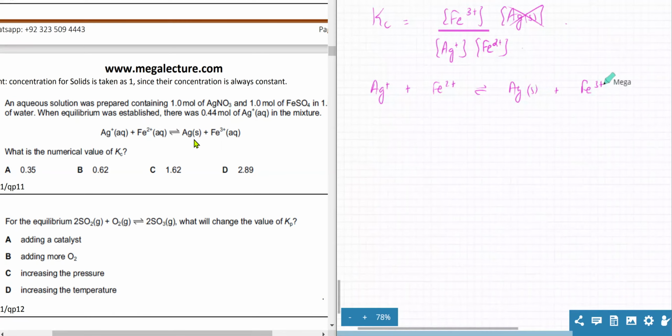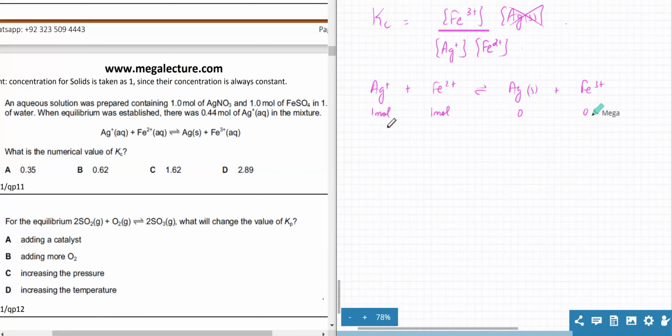Ag solid, the product, would not be written in the expression. What are your initial moles? Initial moles given are 1 mole of silver ions and 1 mole of Fe2 plus ions. And no Fe3 plus, no Ag solid, right?